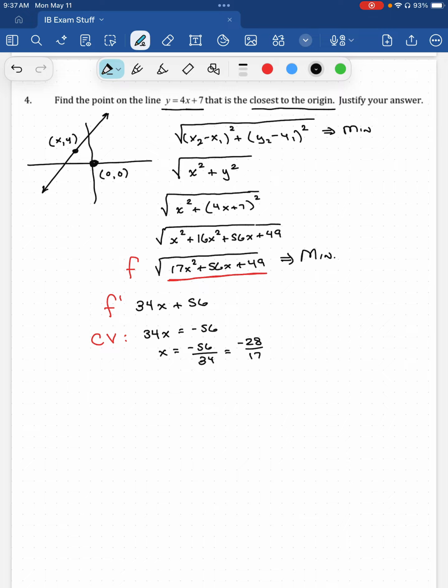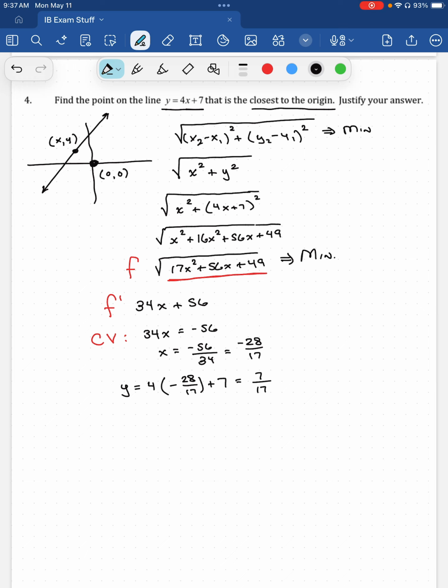To get the other part of the point, we're going to plug that back in. So y is going to equal 4 times negative 28 over 17 plus 7. Well, that simplifies down to 7 over 17.